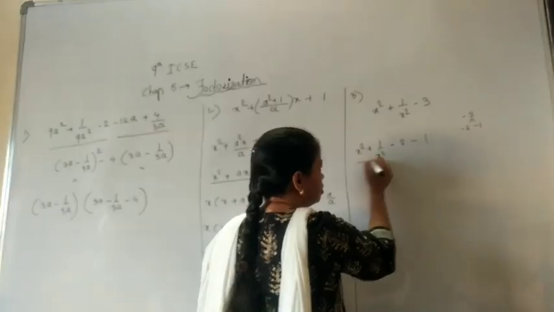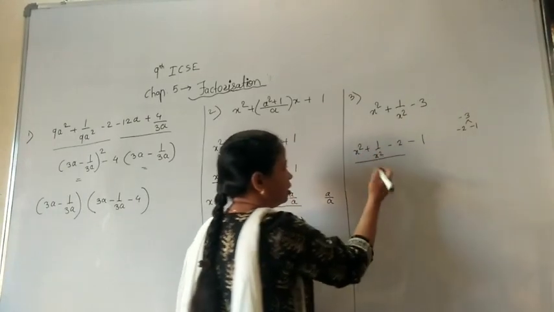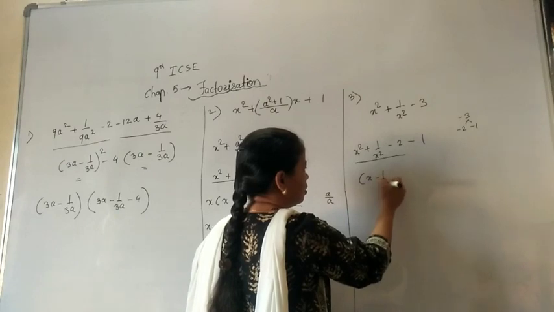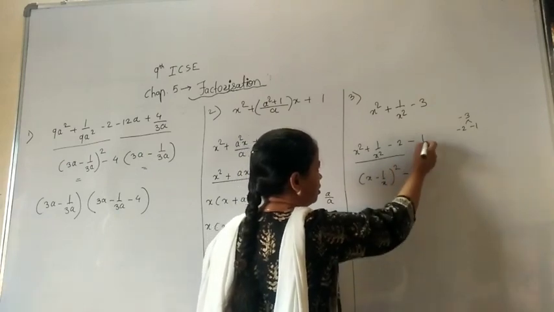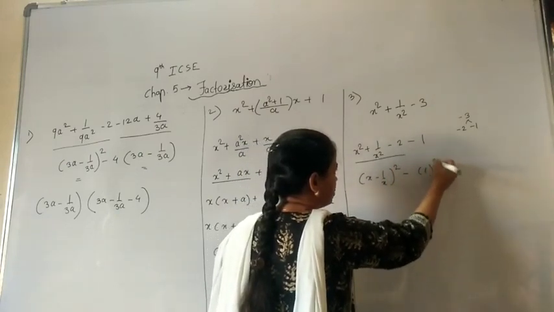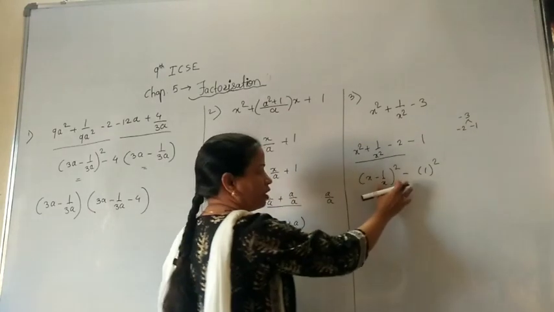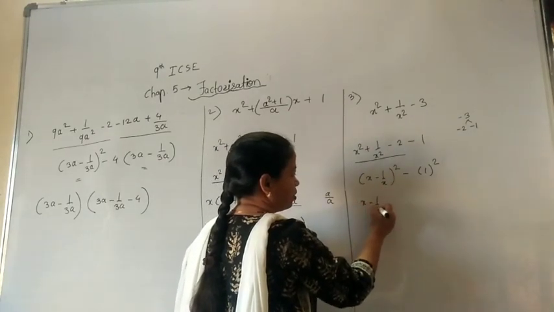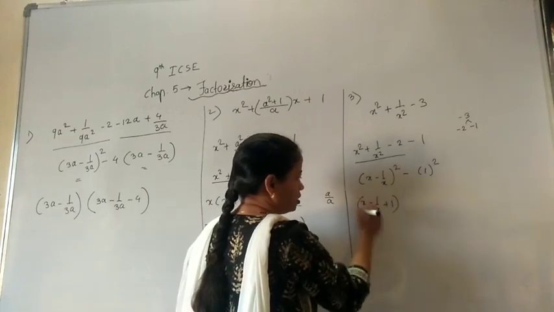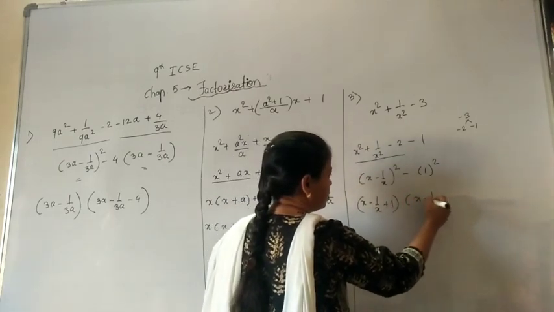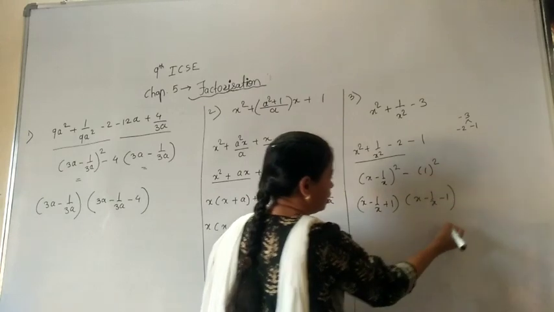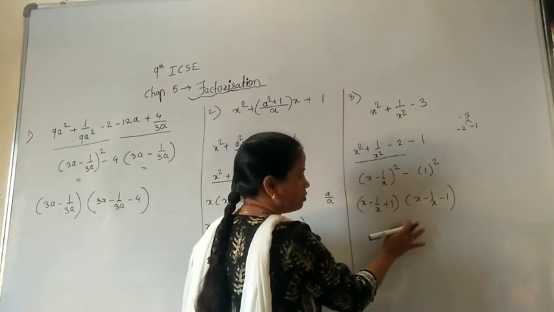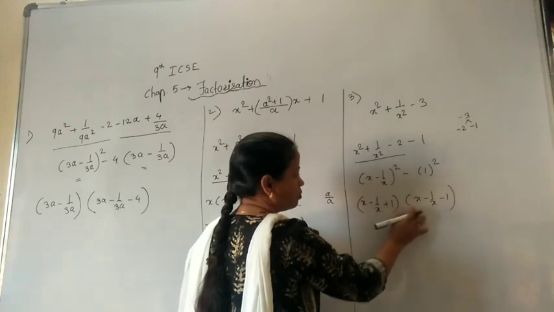Right, so this whole term is an expansion of (x minus 1 upon x) bracket square, and here 1 square. So factorize this using a square minus b square: x minus 1 upon x plus 1 and x minus 1 upon x minus 1, like a plus b and a minus b, these two terms are there.